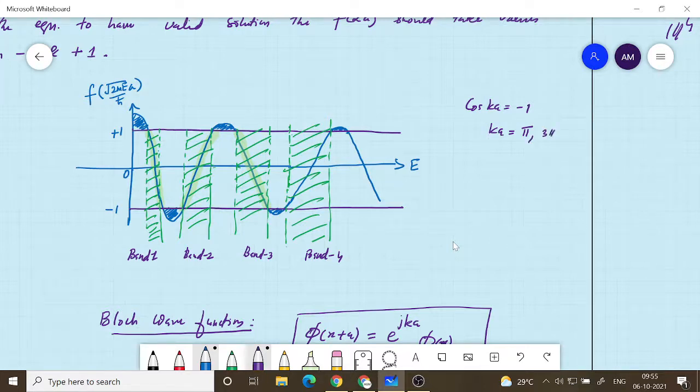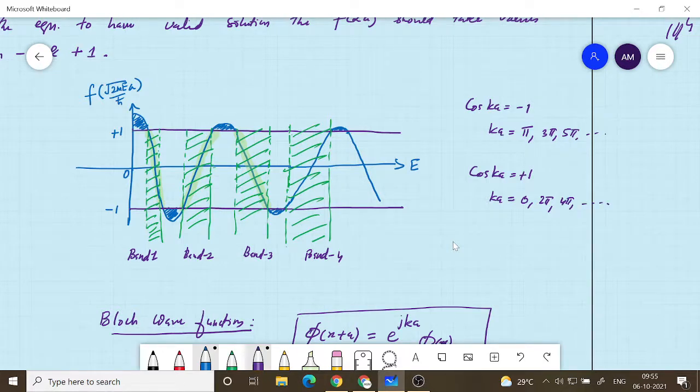Then 3 pi, then 5 pi, like this. These are the values where cos ka is equal to -1. Similarly, cos ka is equal to +1. What are the values? ka is equal to 0, then 2 pi, then 4 pi, etc.